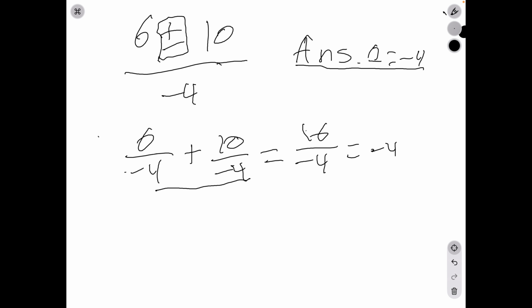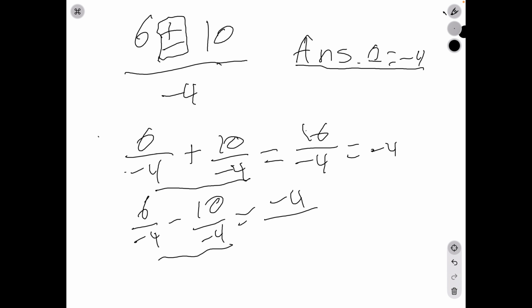So answer 1 will equal negative 4. Now let's solve for answer 2. Just the same equation, just with the minus sign. It has the same denominator, so no work there. So 6 minus 10 is negative 4. Again, that's really a lot of negative 4s. And then since these are both negative, you cancel them out, since dividing by a negative is a positive.